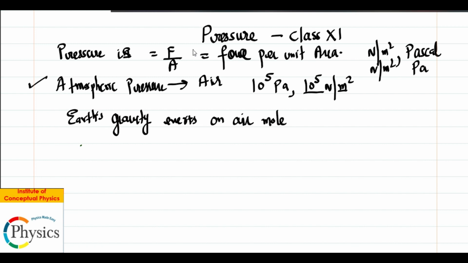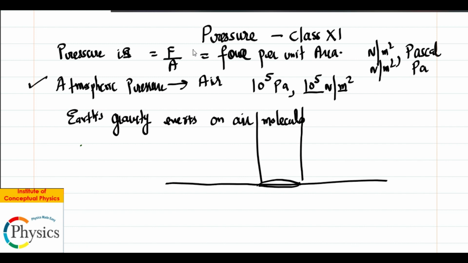Very strictly speaking, if you have a 1 meter square column, I'm drawing this, and this is your ground, Earth. This is 1 meter square. The air contained in that 1 meter square column applies a force on you of 10 raised to power 5 Newton.